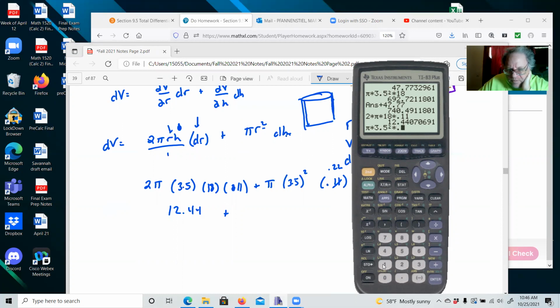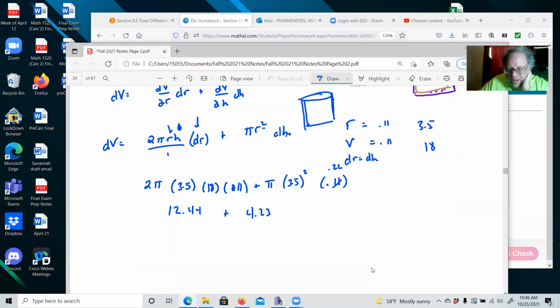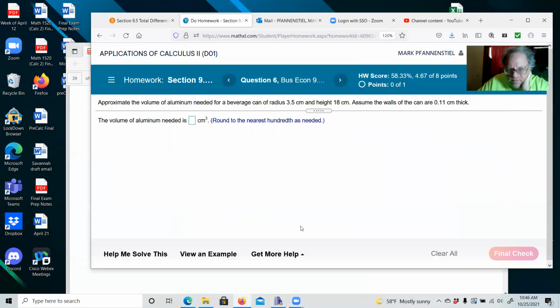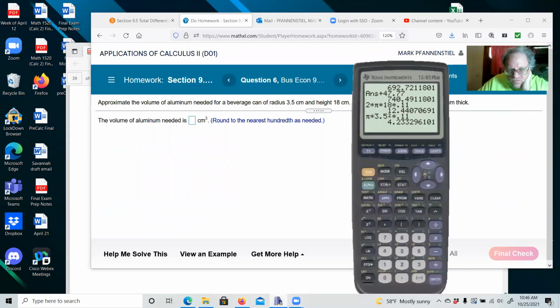I'm going to try 0.11 first. 4.23, I believe, right? 4.23. Okay, so let's go ahead and add those up. So we have 12.44 plus 4.23, and we end up with 16.67.